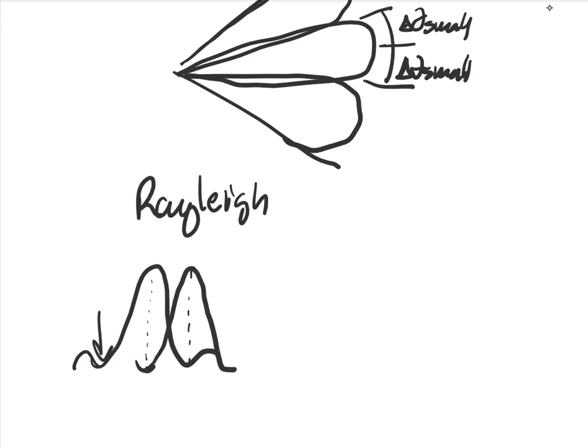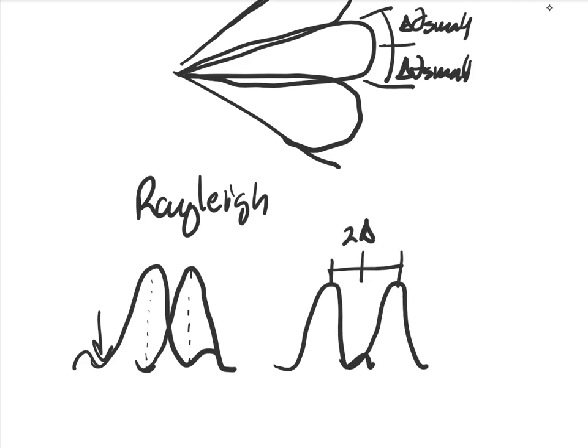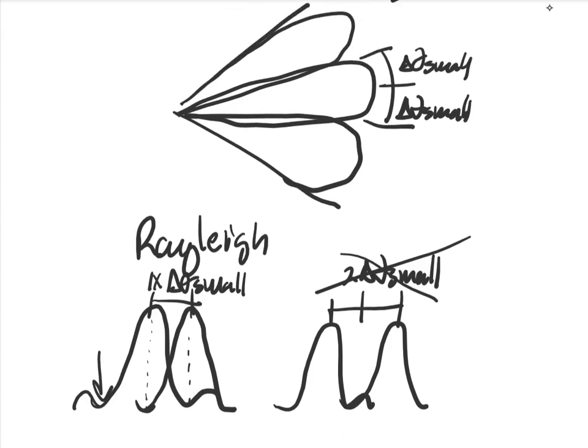That means that the separation between the sincs is not 2 delta theta small. Instead, it's just 1 times delta theta small. So yes, the blobs are twice as big, but they're also overlapping.